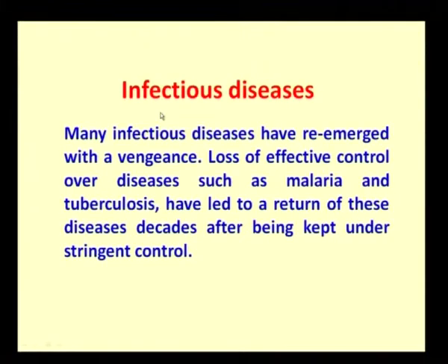Now, we will see about the infectious diseases. Many infectious diseases have re-emerged with a vengeance. Loss of effective control over diseases such as malaria and tuberculosis has led to a return of these diseases decades after being kept under stringent control.